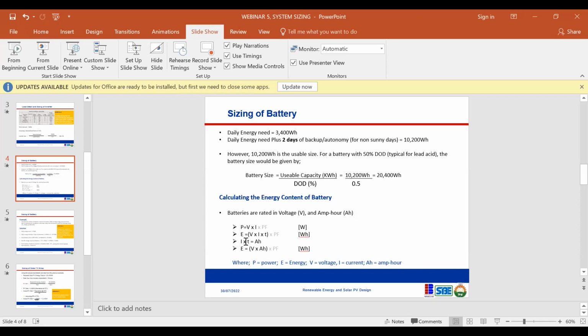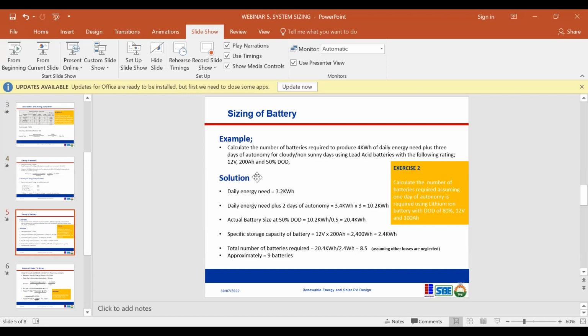If you replace this IT, current times time, with amp hour, you will have that energy is equal to voltage times amp hour, which is what you see in batteries. When you go to the market for a battery, you see the voltage of the battery and the amp hour of the battery. If you multiply both of them, you get the energy that the battery can hold. That is the calculation I have done here, and T stands for time, please.